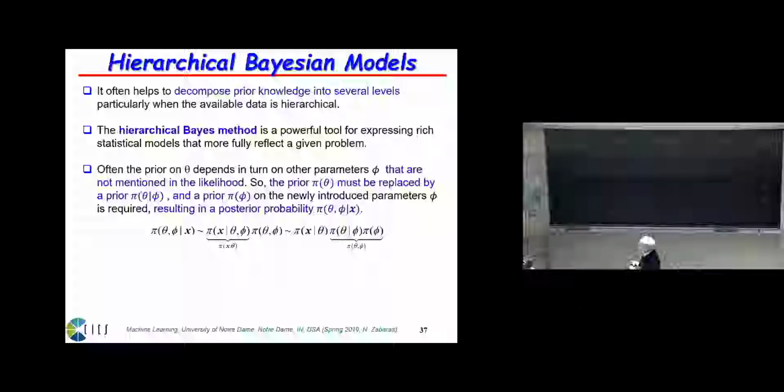And if you're not confident on phi, let me put another distribution over phi. So that's how you get hierarchical models. But there is a more fundamental reason for doing this hierarchy that we will discuss today. All right? You will have to appreciate this through examples. I'm going to wait to introduce some examples before you see the more fundamental reason for doing hierarchical models.